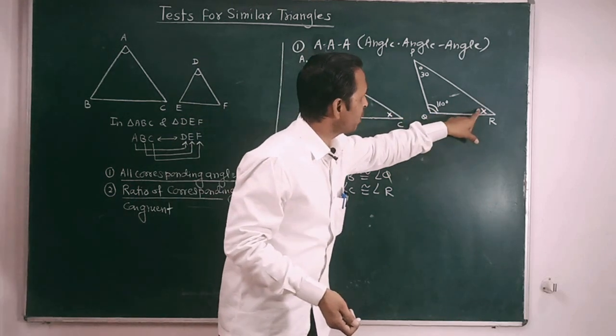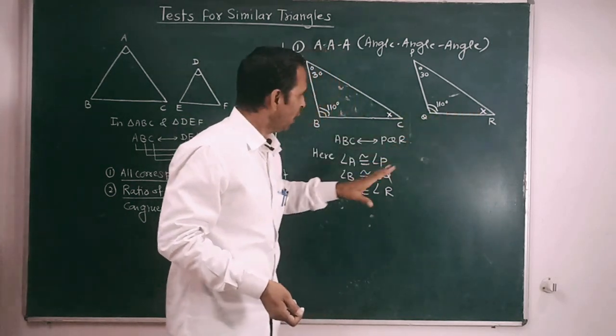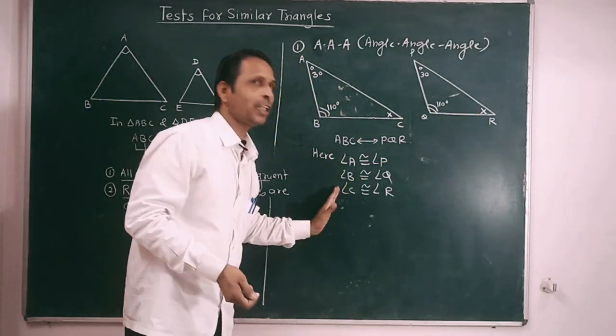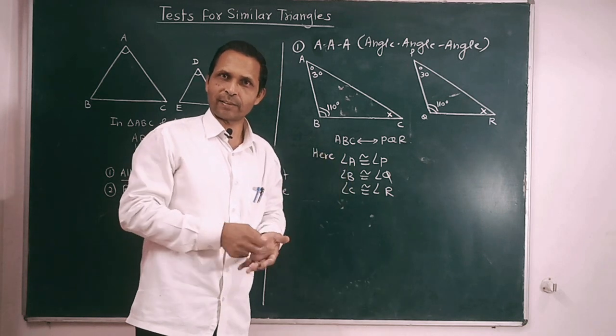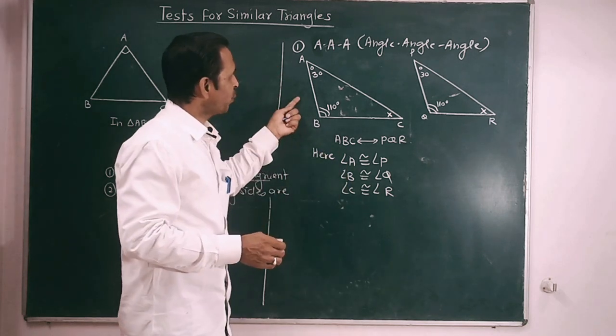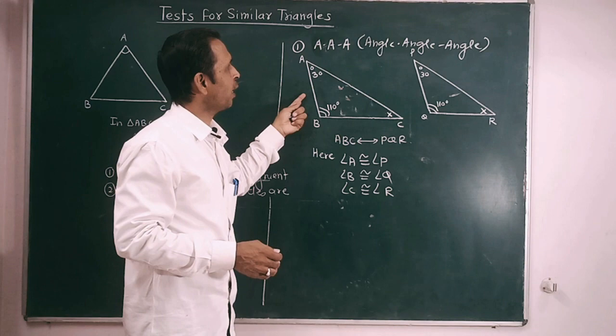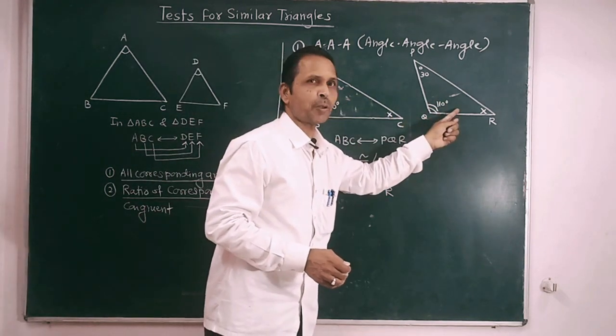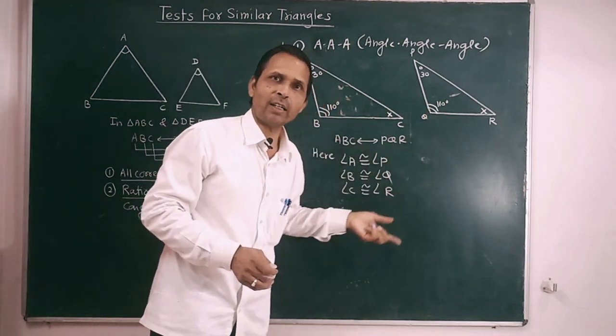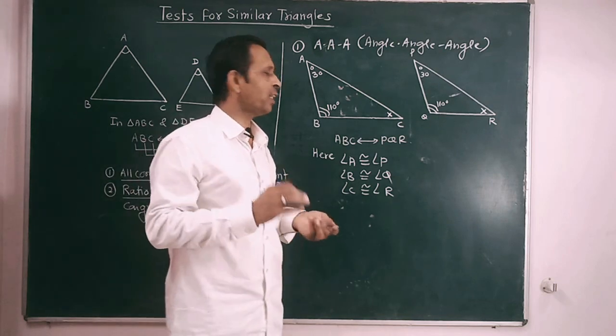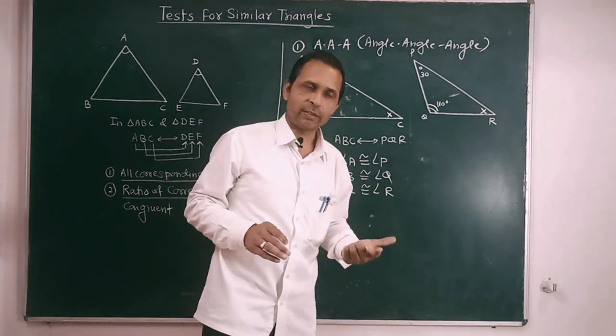This angle must be 40 degrees, and that's why again it is not necessary to show that all three angles are congruent. If only two corresponding angles of one triangle are congruent with the corresponding two angles of the other triangle, then also we say that the triangles are similar.